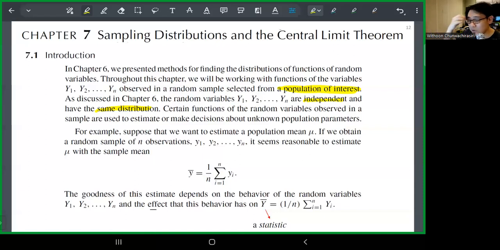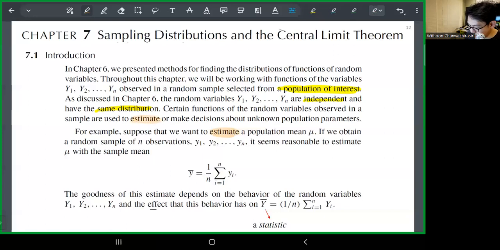In reality, you cannot just go out and collect all the information of your population. It may be too big. So you take a sample, pull some data, and do the estimates on that sample.